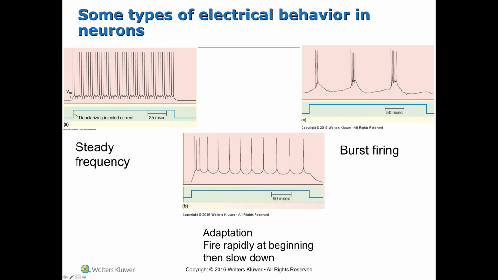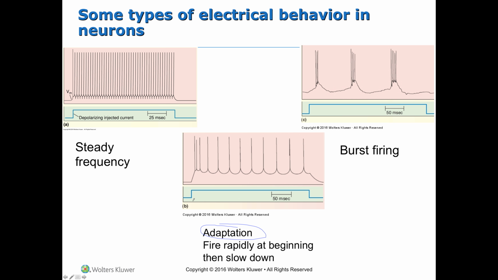So here are just some brief types of electrical behavior in neurons. We take a depolarizing injected current, and you see a steady frequency of action potentials firing. As this injected current is depolarizing the membrane, you see an action potential, go back down, action potential, action potential, action potential, as long as this injected current remains. You could have adaptation, where they fire rapidly at the beginning and then slow down.